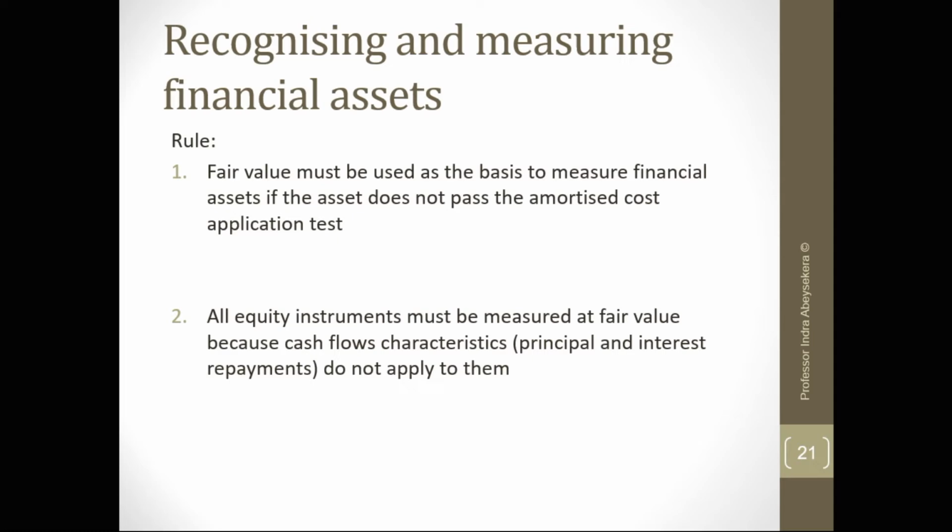And second, all equity instruments must be measured at fair value, because cash flow characteristics do not apply to them, like financial assets and financial liabilities. Those cash flow characteristics do not apply to equity.